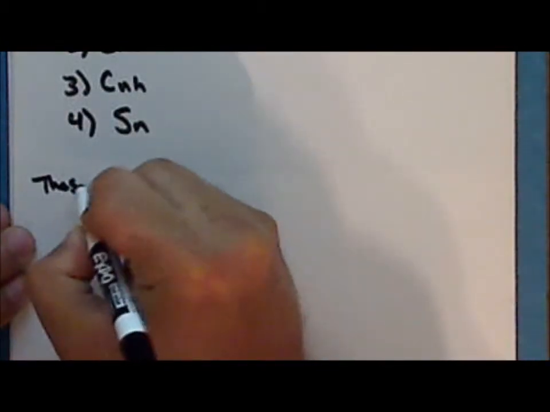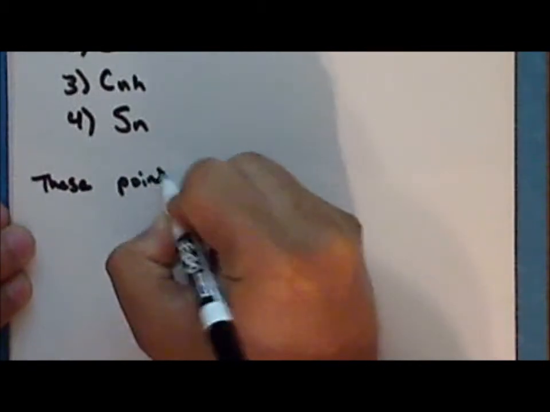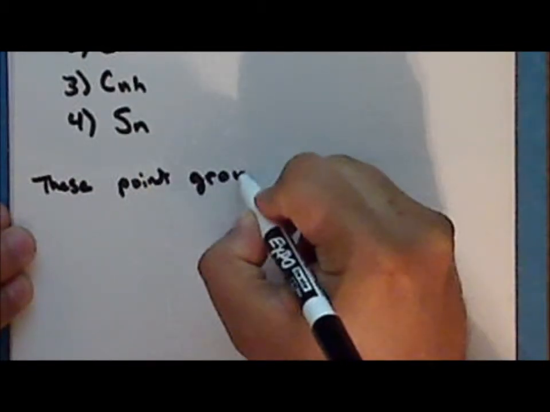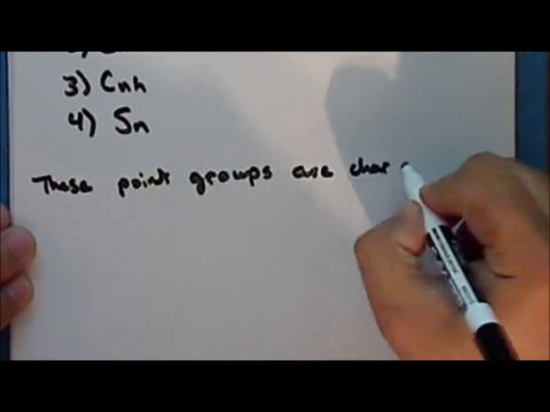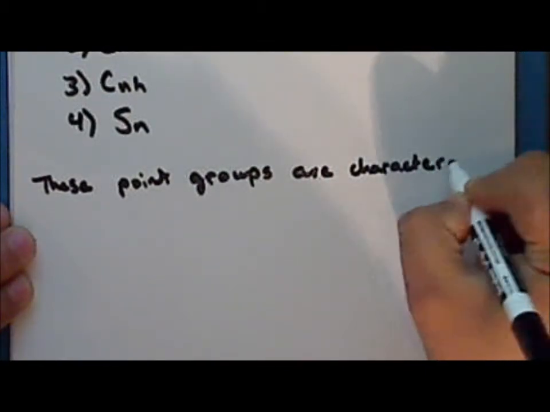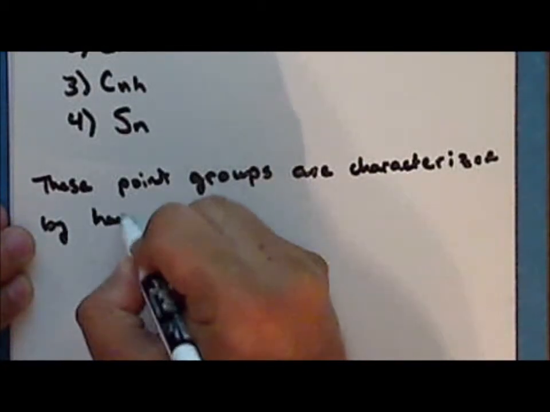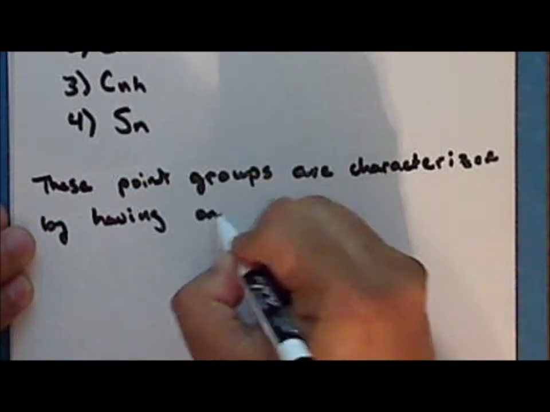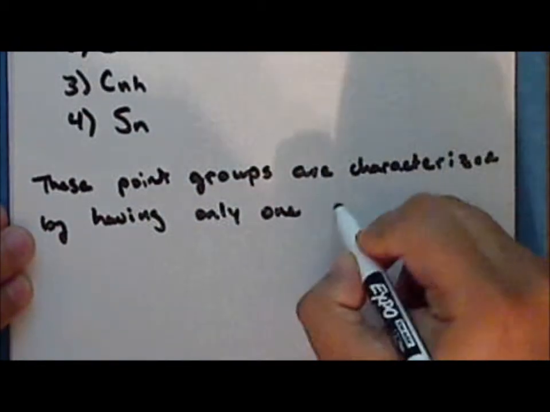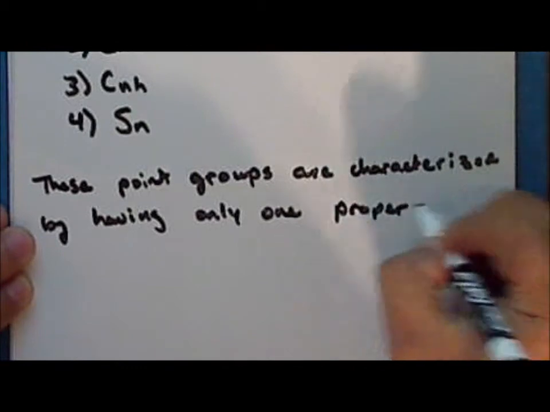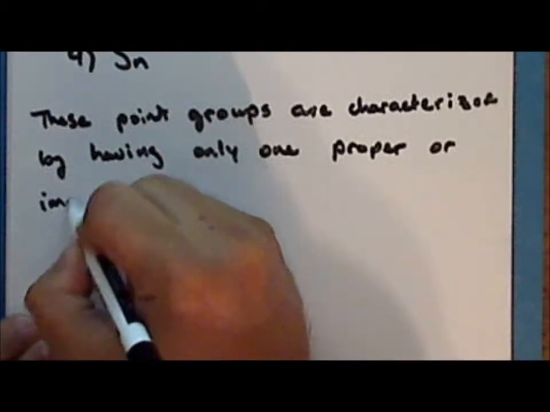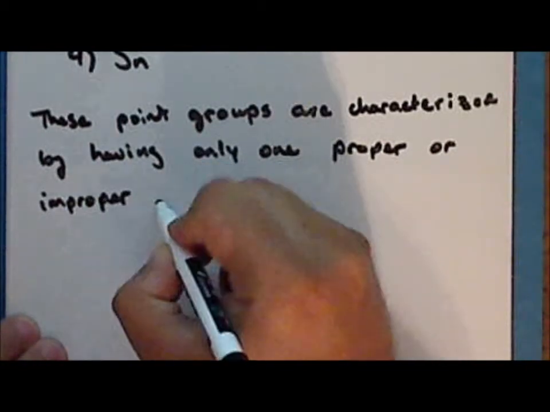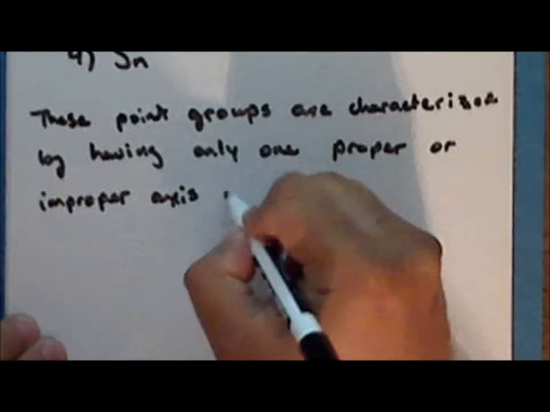Now, these point groups are characterized by having only one proper or improper axis of rotation.